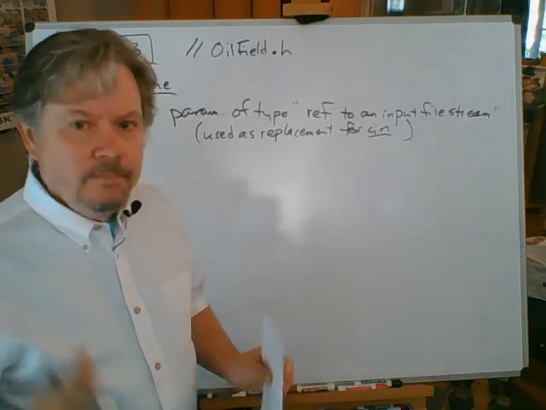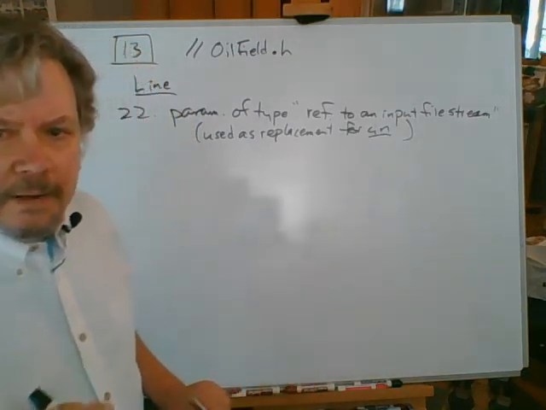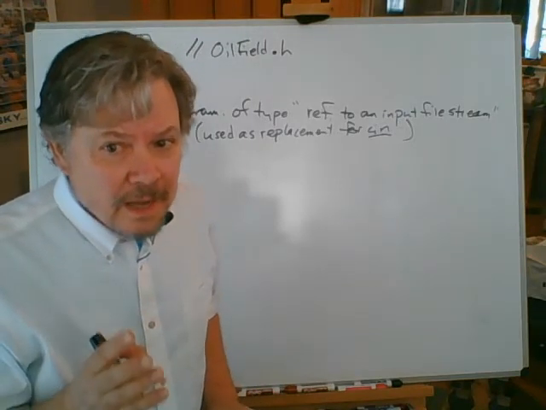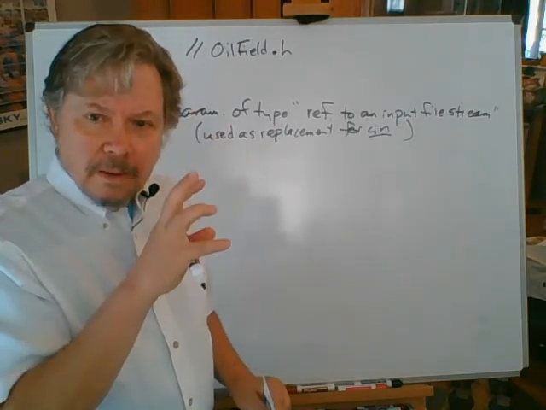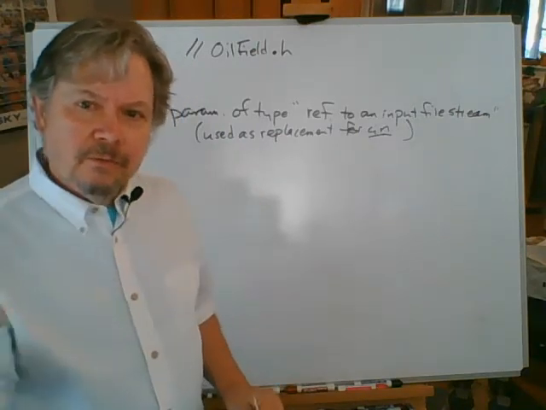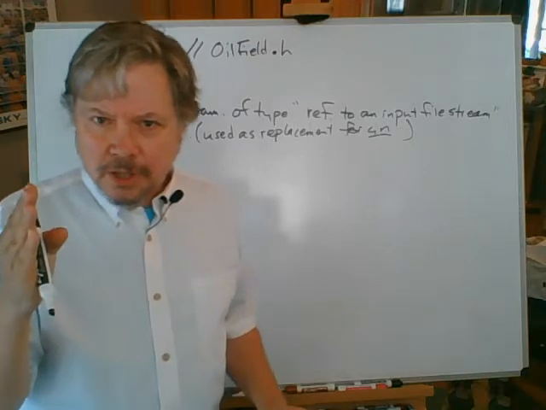Well, technically, the variable ifstream is not the actual file on disk itself. It's an internal object of type ifstream that corresponds to that file. Here's what it's going to do.